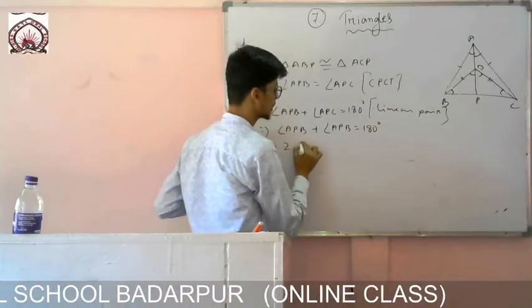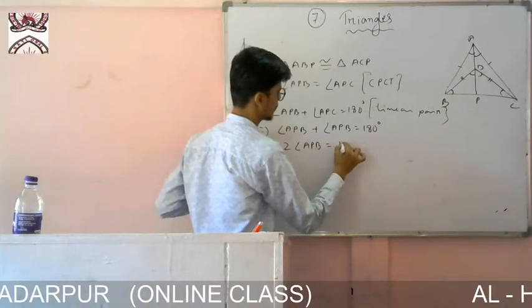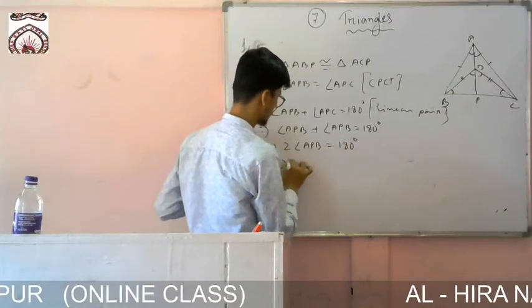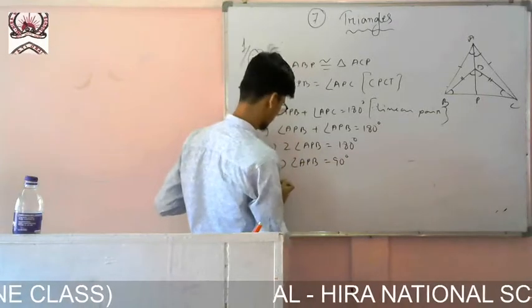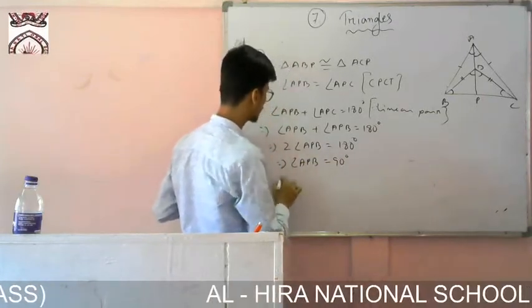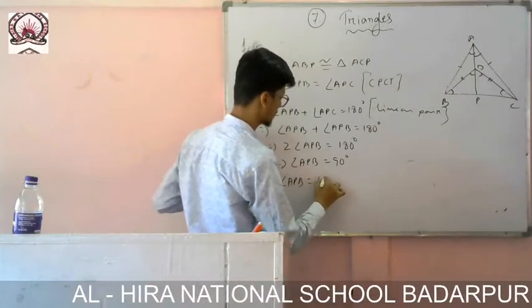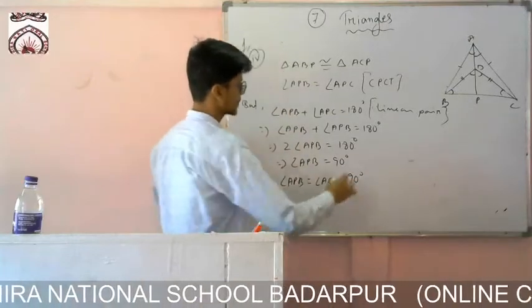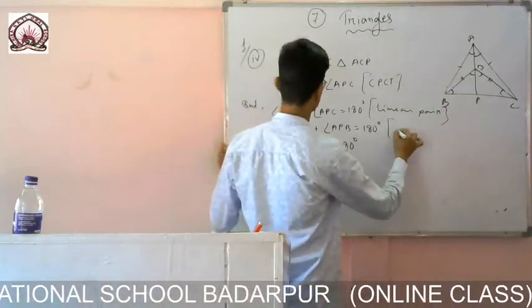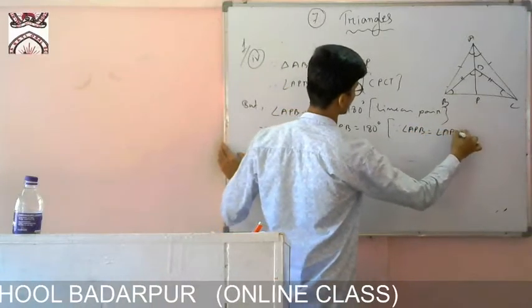So twice angle APB equals 180 degrees, which implies angle APB equals 90 degrees. So since APB equals 90 degrees, I can write angle APB equals angle APC equals 90 degrees.